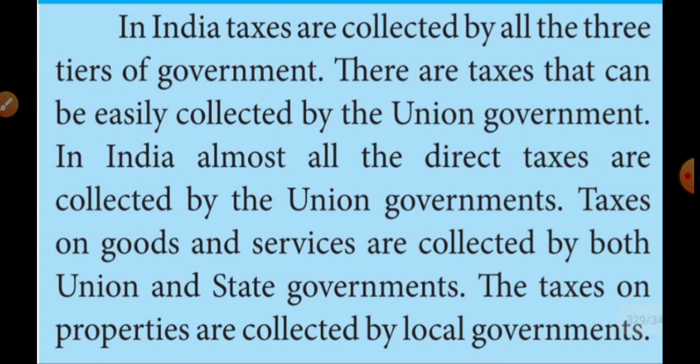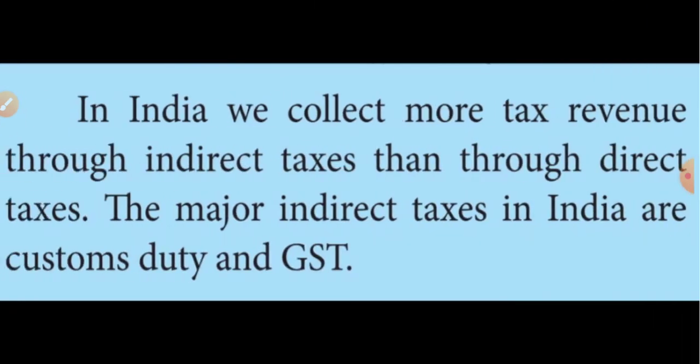All property taxes are collected by the local government. Mostly the indirect taxes are collected by the government of India. Compared to direct taxes, indirect taxes are mostly collected by the Indian government.